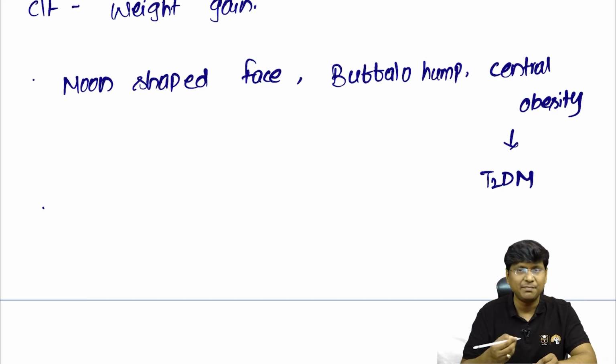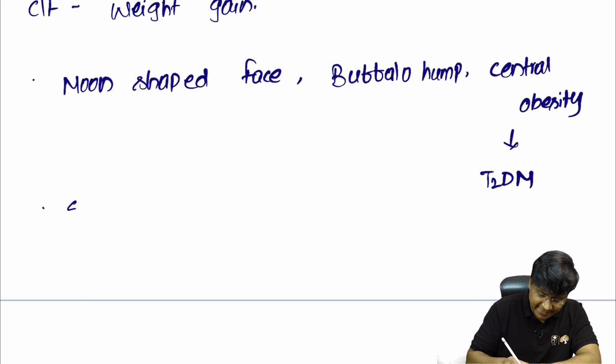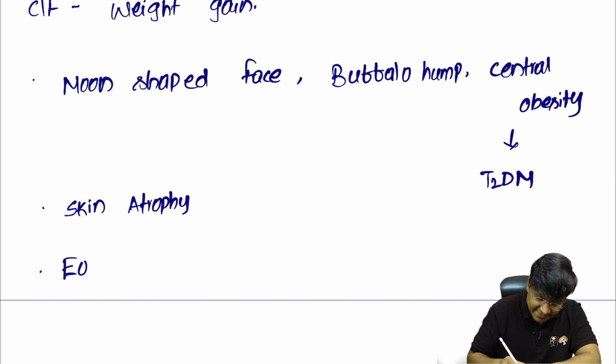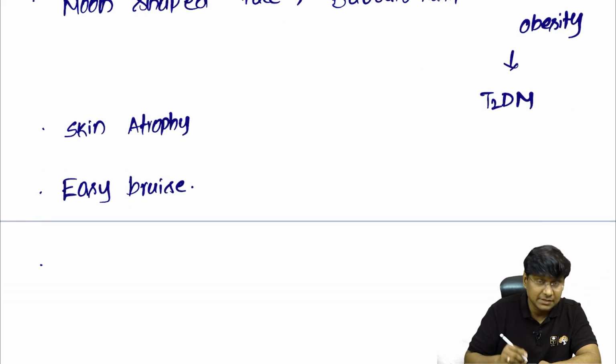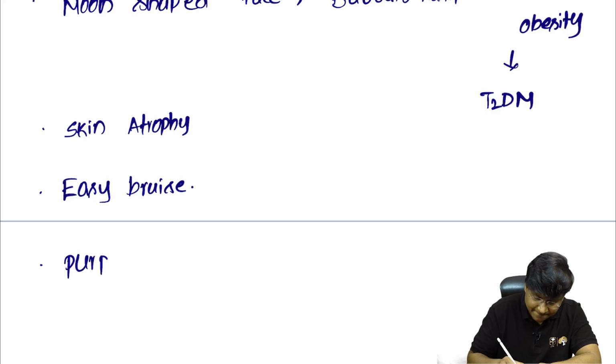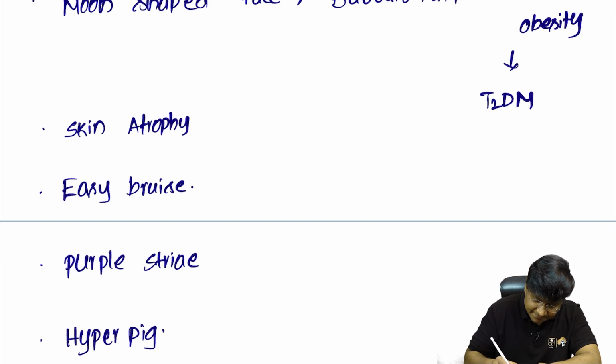And you have some important skin manifestations that include the skin atrophy. Then these patients will have easy bruisability. Then these patients will have the very important feature, that is the purple striae. And in case of the ACTH dependent type of Cushing's, these patients will have hyperpigmented skin.